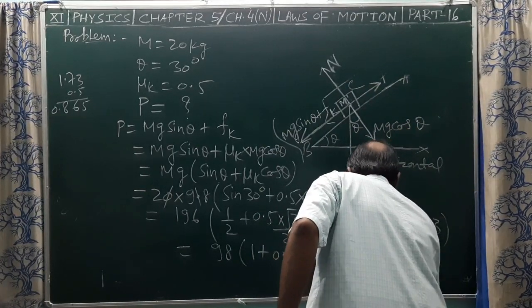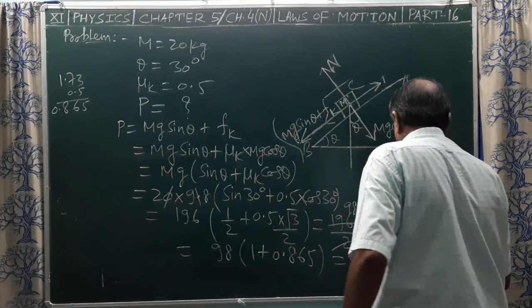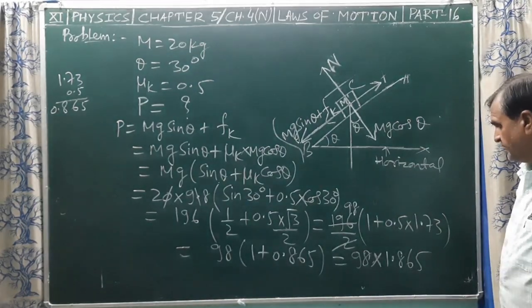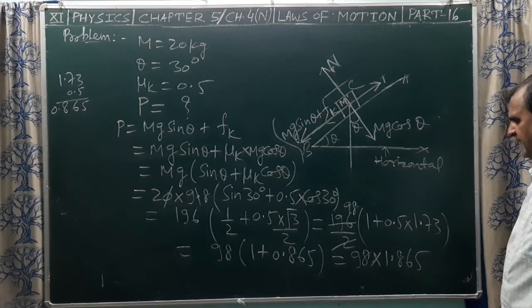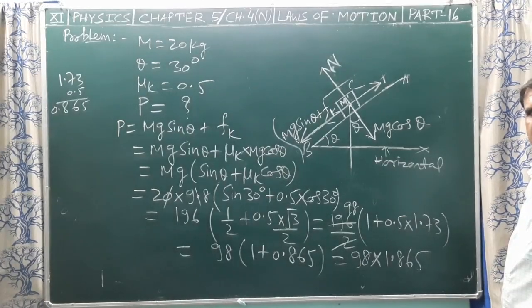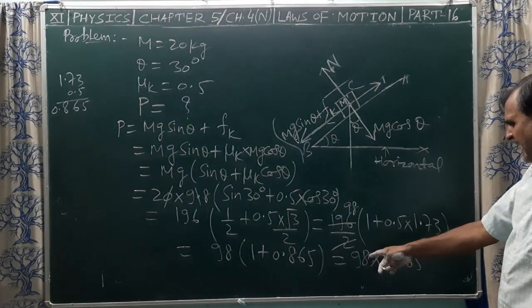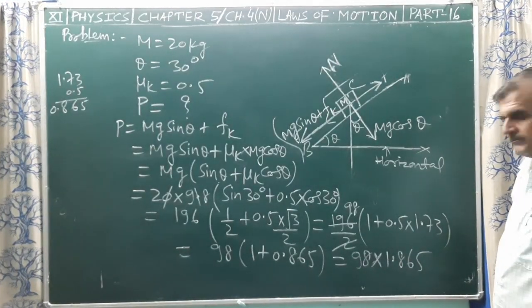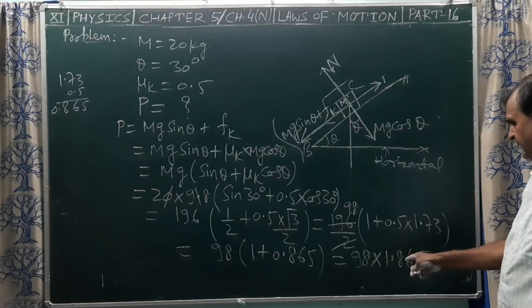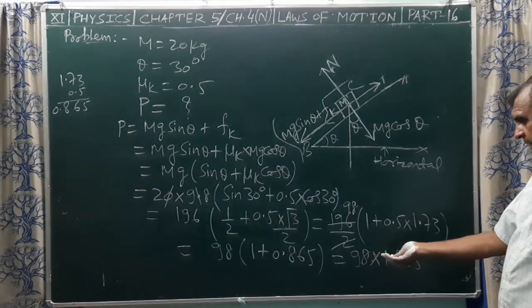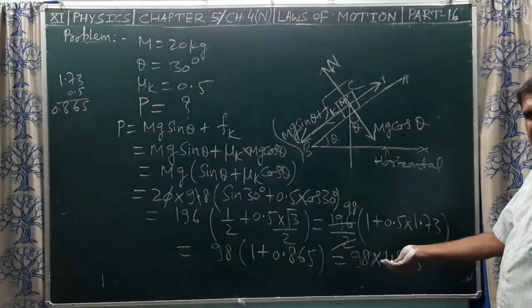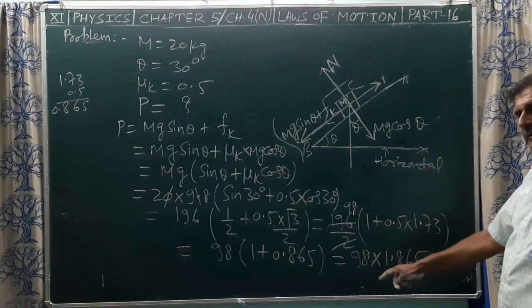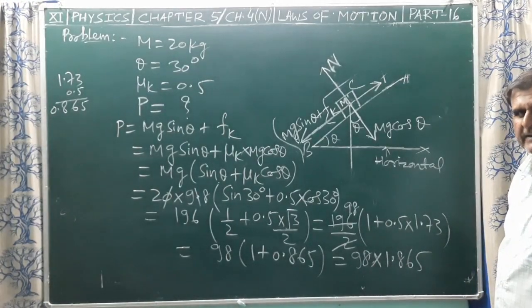Now 1.865 is nearly 2, so it would be nearly 98 into 2, that is 196 Newton. But after multiplying 98 and 1.865, we obtain nearly 183 Newton.